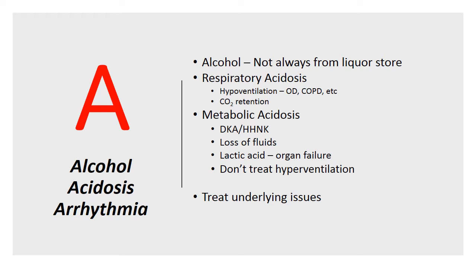In metabolic disorders, and for metabolic acidosis, such things as diabetic ketoacidosis or HHNK, there can be a huge loss of fluids, which can transition into acidosis from severe sweating, nausea, vomiting, diarrhea.